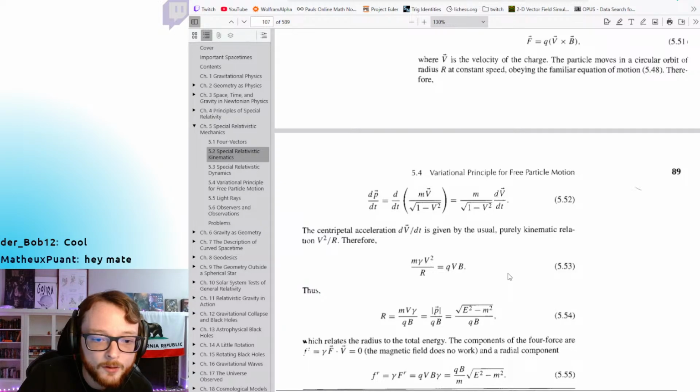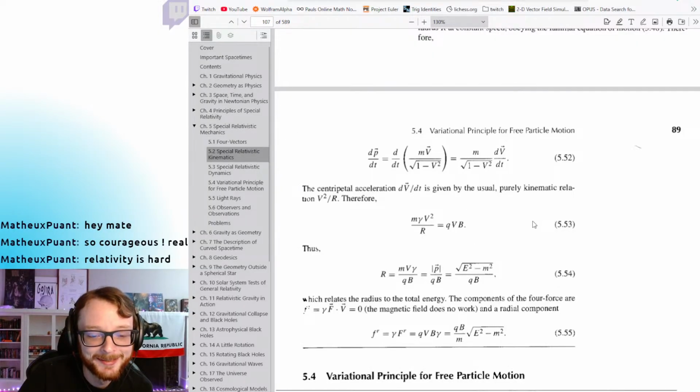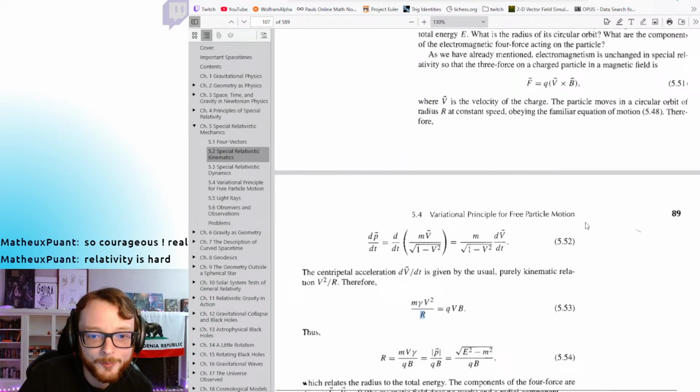Relativity, yeah, this chapter is on a different level of being hard, Matthew. It's mass times acceleration, and I think the gamma. Why are we involving the gamma?